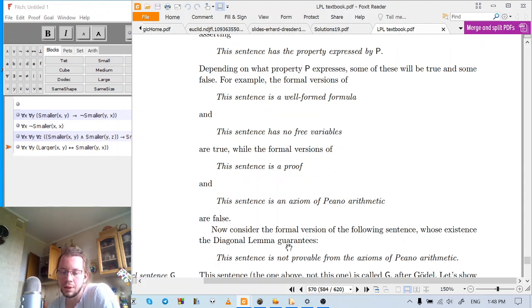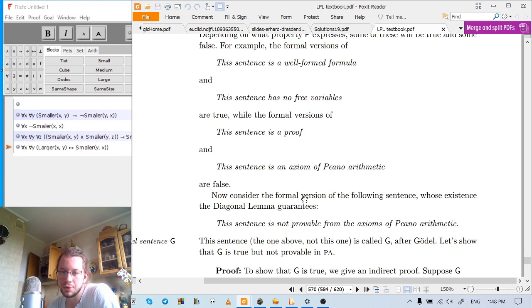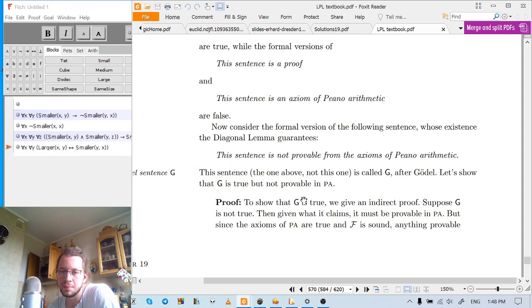And now consider the formal version of the following sentence, whose existence the diagonal lemma guarantees: this sentence is not provable from the axioms of P&R arithmetic. This sentence, the one above, is called G after Gödel.